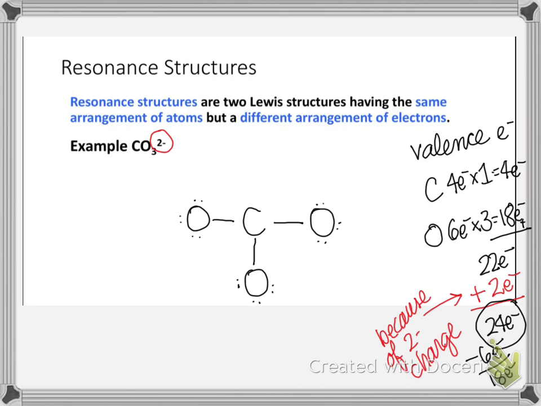And by doing that, I added 18 electrons. So I'm going to go around and count, but by my estimation, I've added all 24 electrons. So let's just count 2, 4, 6, 8, 10, 12, 14, 16, 18, 20, 22, 24.